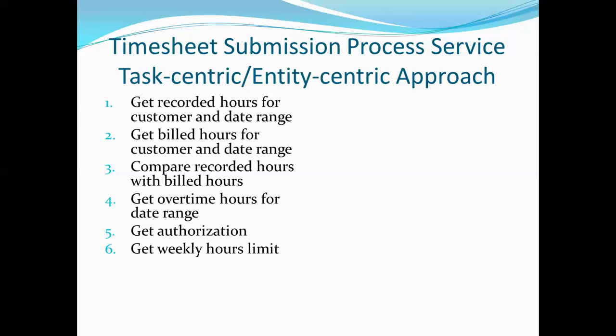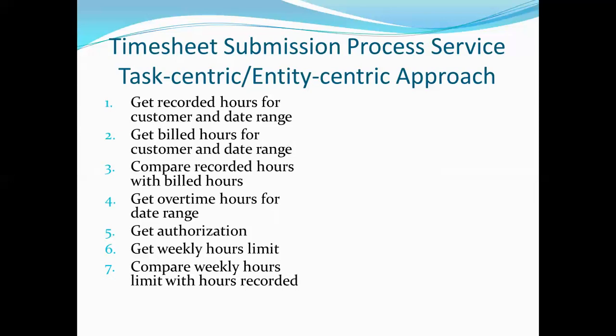And if it is an unskilled employee, fewer hours are assigned to that particular unskilled employee. So get the weekly hours limit and compare it with the hours recorded. In a particular week, you are performing different tasks, and the hours are recorded for that week, and those hours are compared with the weekly hour limit.